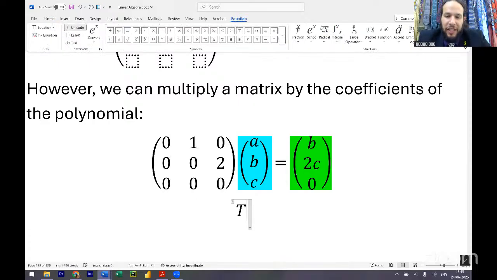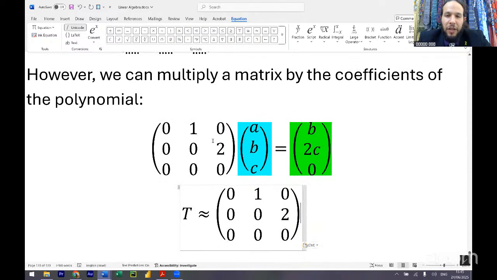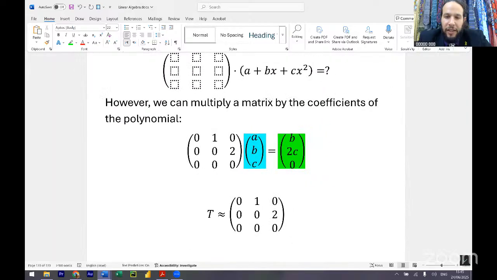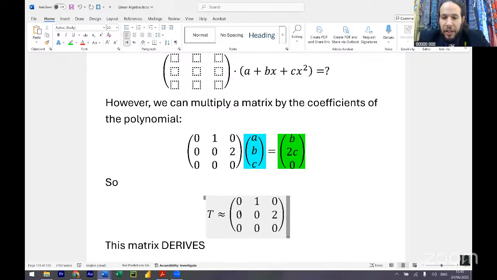So T is this matrix here. We will have an exact notation for it later, but for now, this matrix derives polynomials up to degree 2.